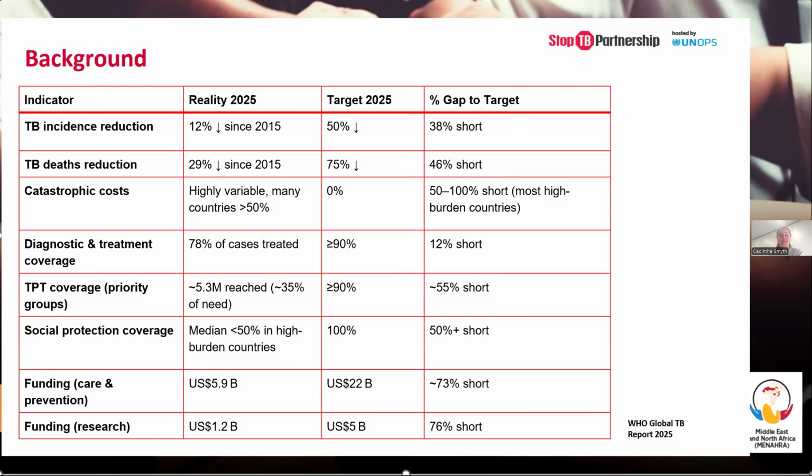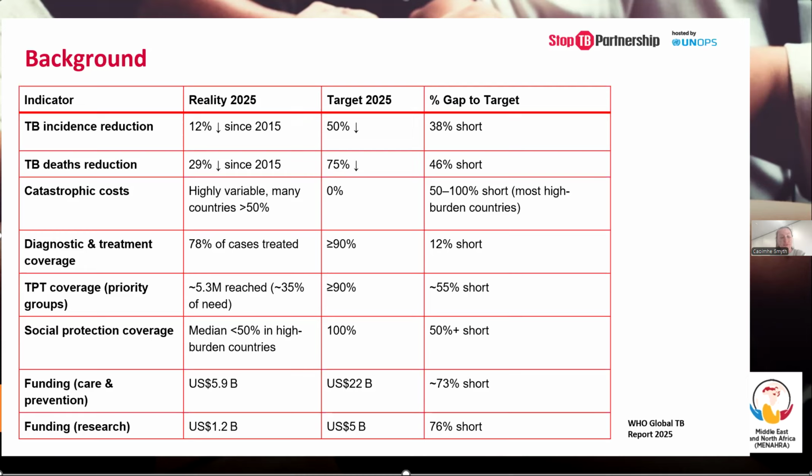So just looking at this particular slide, this is information that is coming from the World Health Organization Global TB Report 2025. What we can see here is that the world is significantly off track on every major TB target, with the largest gaps in prevention, equity, and financing.